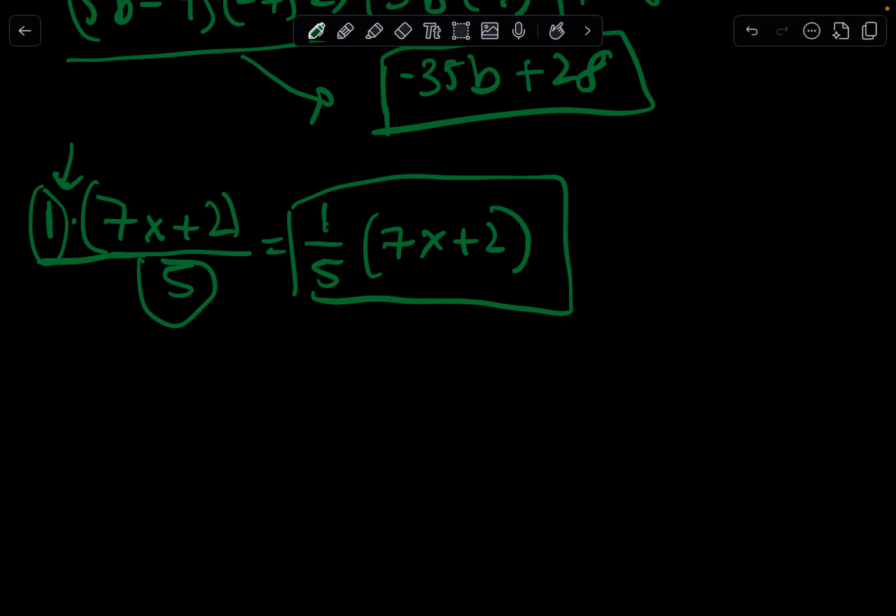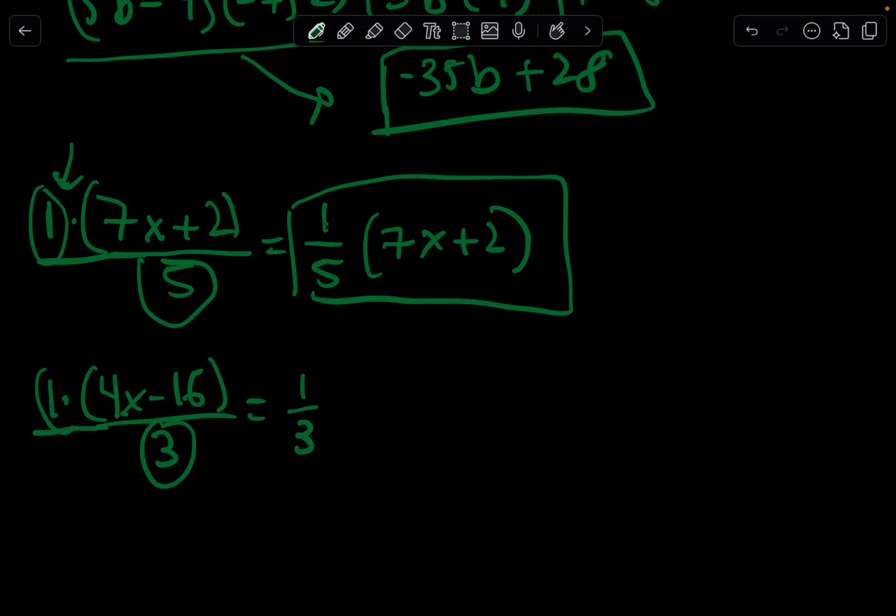Another example for rewriting a fraction is something like this, 4x minus 16 over 3. All right, so as you can see, again, we can use that property where we multiply by an imaginary 1, and then we could write it like this, 1 divided by 3 times 4x minus 16.